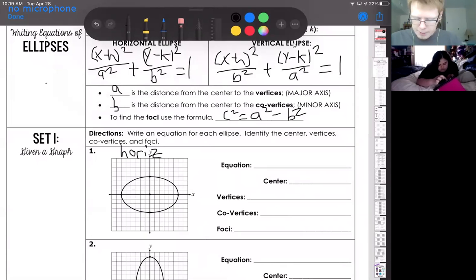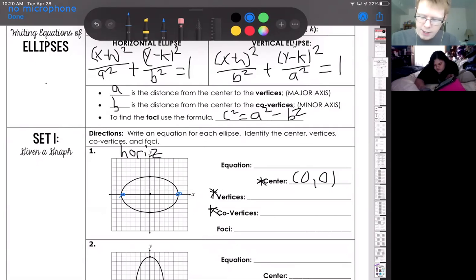I would start by just finding your center, your vertices, and your co-vertices. Your center, if you look right away, is just 0, 0. Remember, if it's horizontal, your vertices are the points on the horizontal axis.